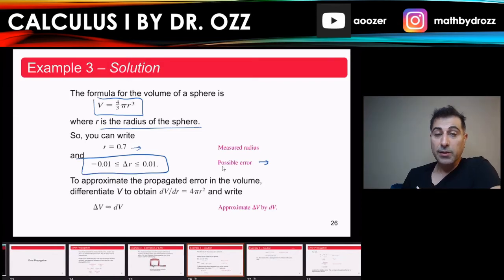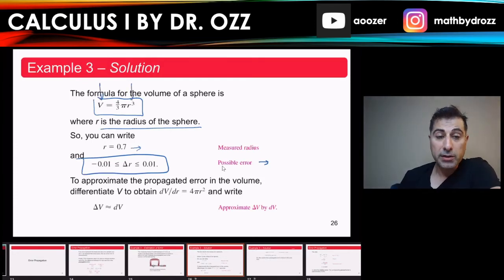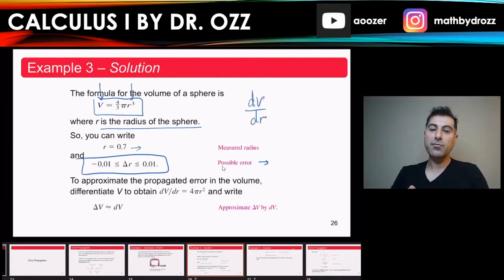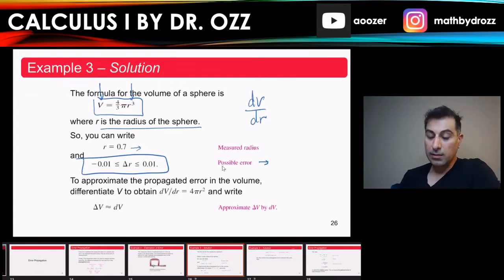To approximate the propagated error in the volume, we're going to look at the derivative of V with respect to r. This is the function V, and the input is r, so we look at dV over dr. That's our f prime of x in the formula, but we don't have any x or f. Instead of f, we have V, and instead of x, we have r.